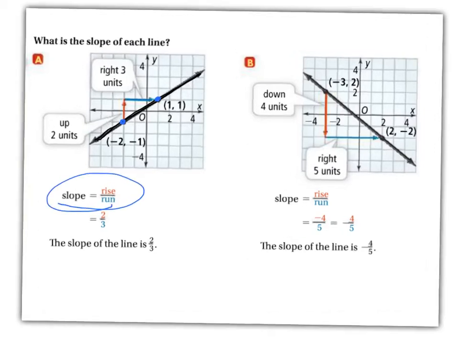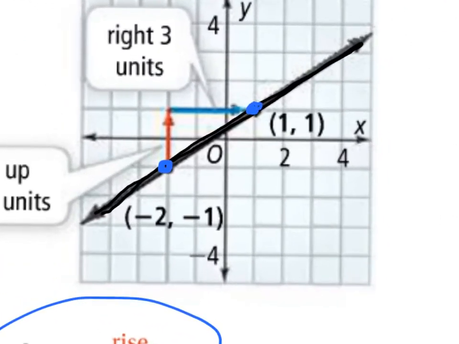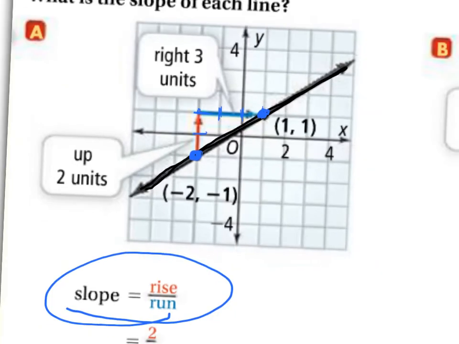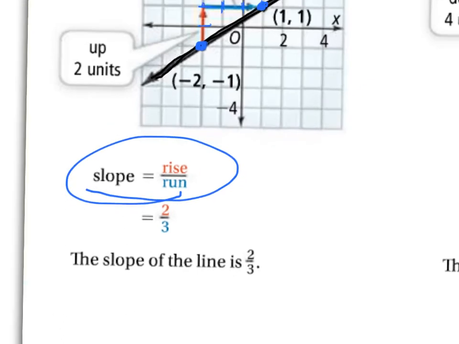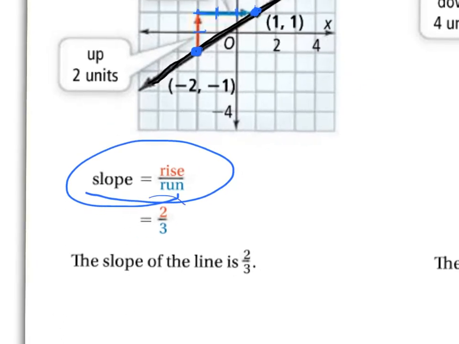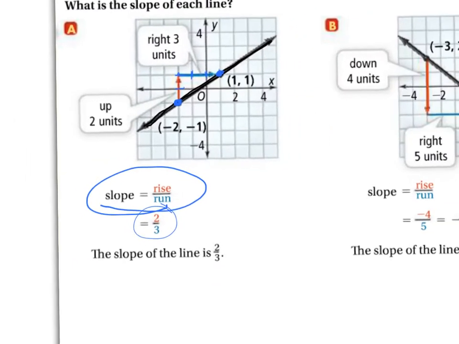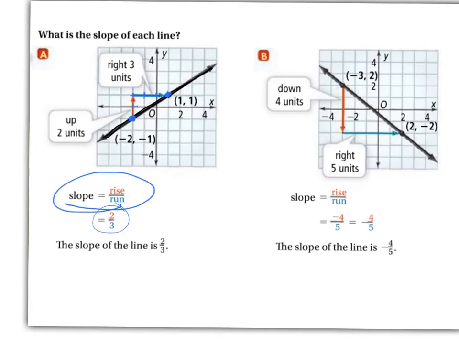From this blue dot, you went up 1 block, 2 blocks, so your rise is 2. Your run is over 1, 2, 3. So you went up 2, over 3, and your slope is 2 over 3. It's positive because it's going uphill.